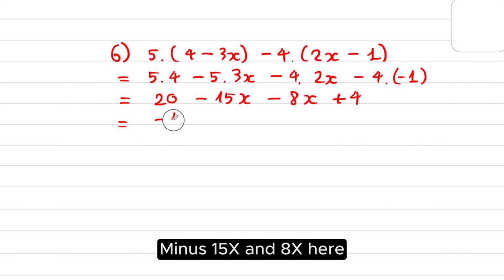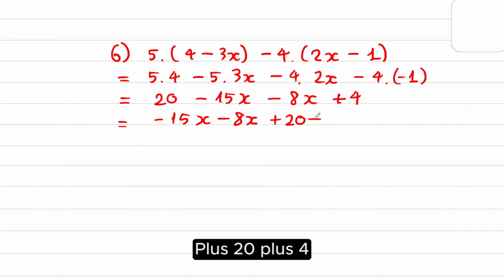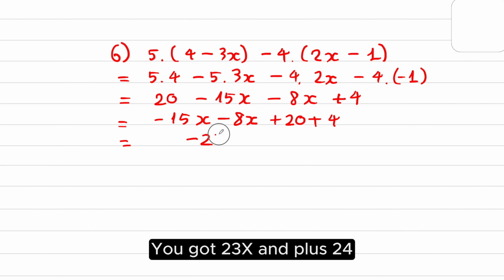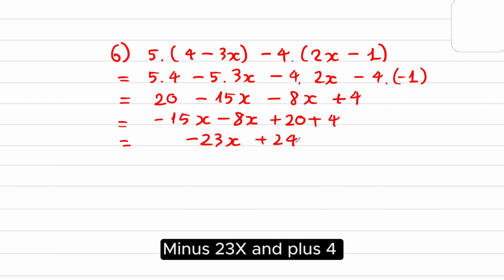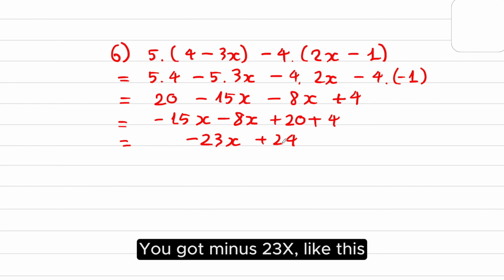Okay, minus 15x and 8x here, plus 20 plus 4, and for this one you got minus 23x and plus 24, because minus 15 minus 8 you got minus 23x, like this.